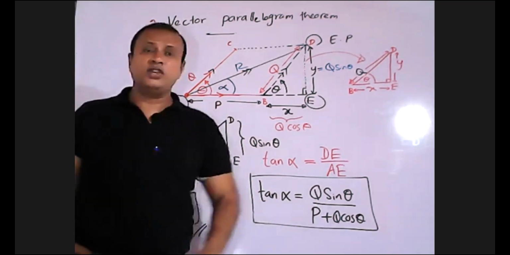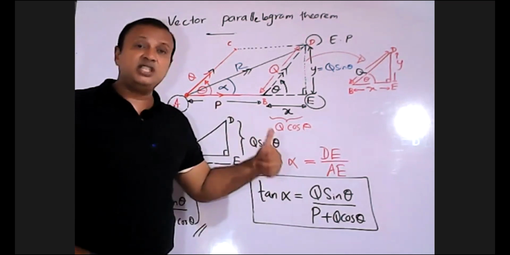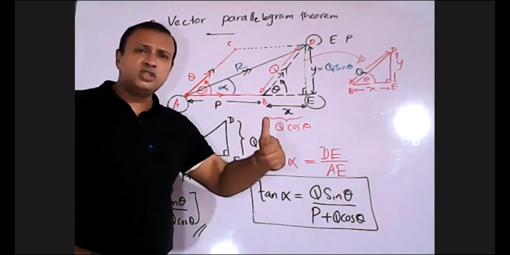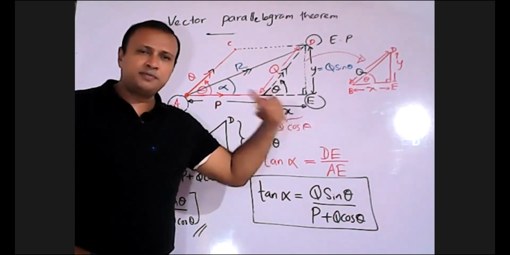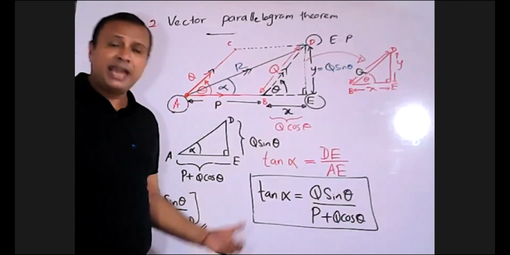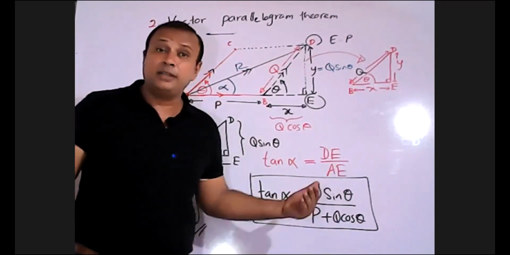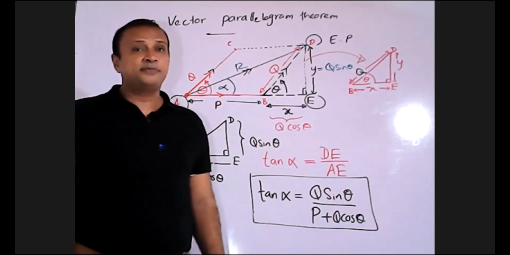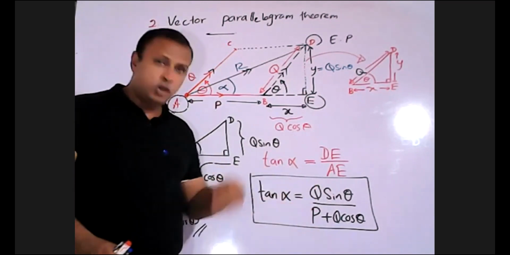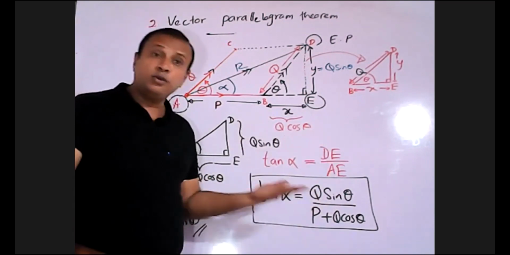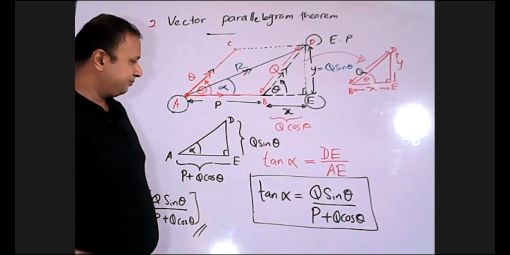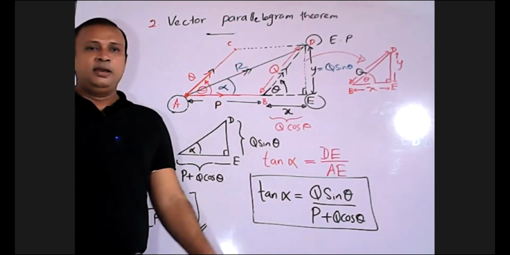These two equations: the first equation is the magnitude of the resultant force, R squared is equal to P squared plus Q squared plus 2PQ cos theta, and the direction, tan alpha is equal to Q sine theta over P plus Q cos theta. Those are standard equations. You can apply these equations anywhere. Therefore, you have to remember these equations.